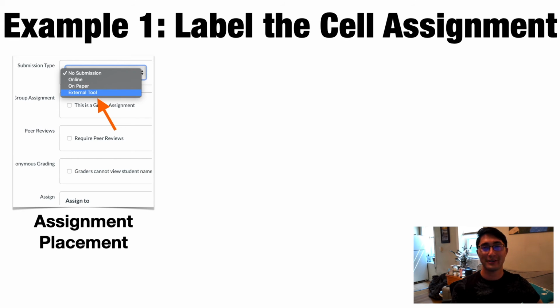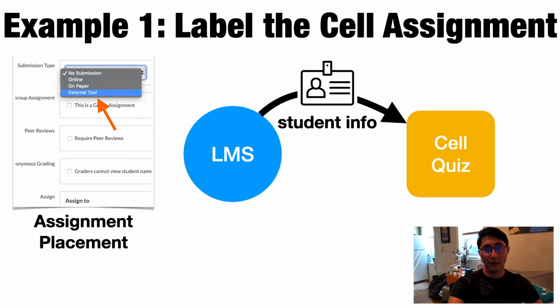The first one is going to be the label the cell assignment, which is, imagine you click an assignment and then you're prompted with an unlabeled diagram of a cell, and your task is to fill in all of the different pieces, labeling those pieces of the cell. So this LTI has an assignment placement, and when the launch occurs, that student info that's passed into the LTI is the part that's most important.